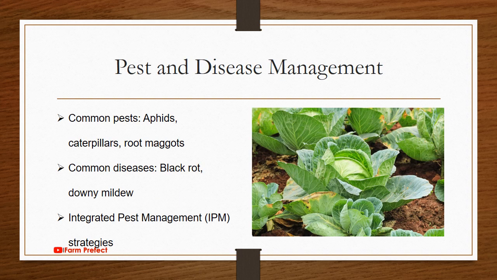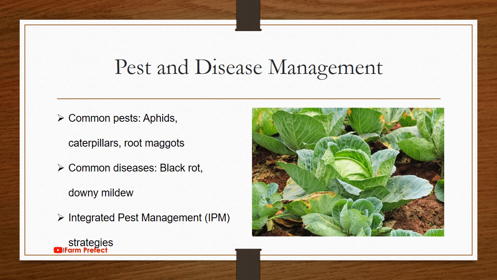Then we come to pest and disease management. One of the most challenging aspects of cabbage farming is pest and disease control. Look, you are not the only person that loves cabbage. Insects love it too, and so they would want to feed on it.